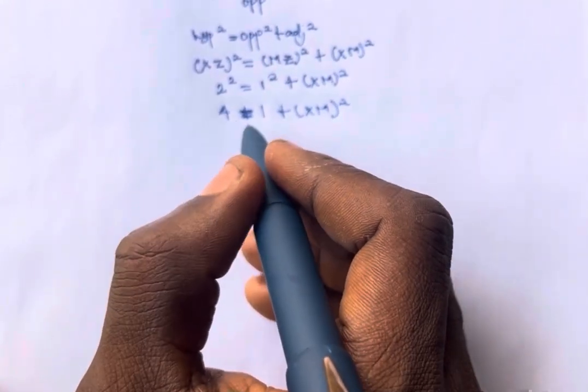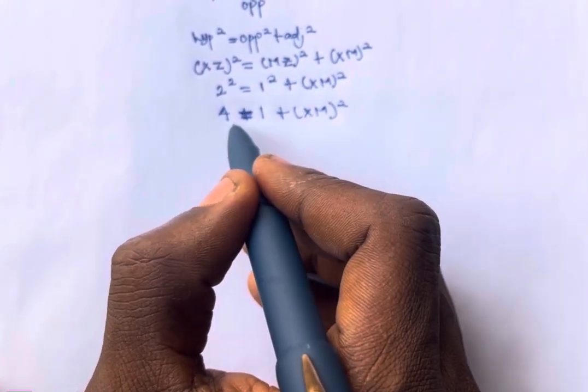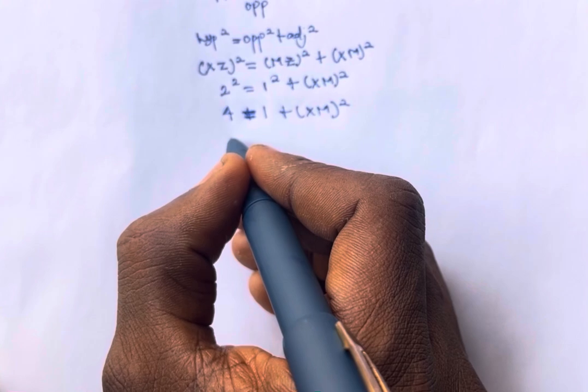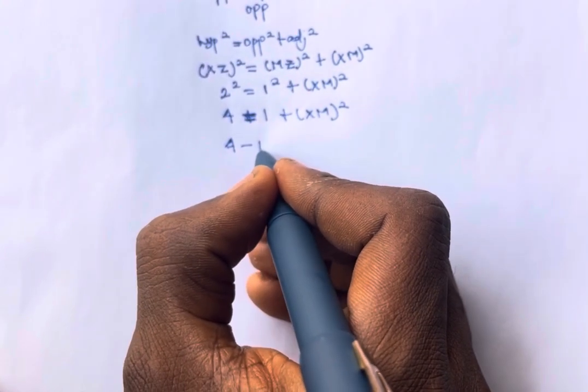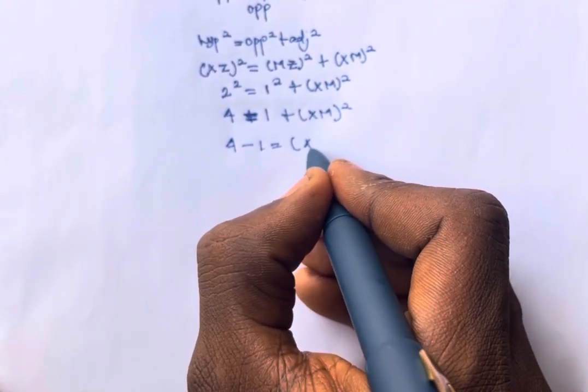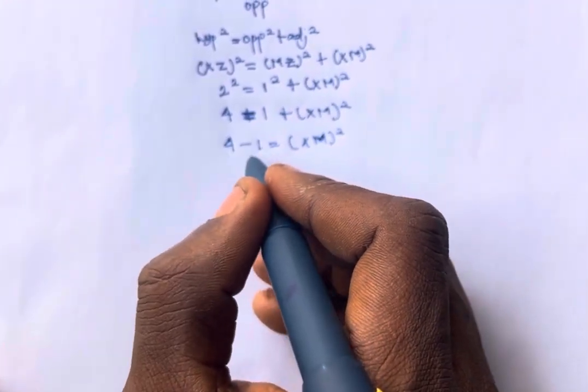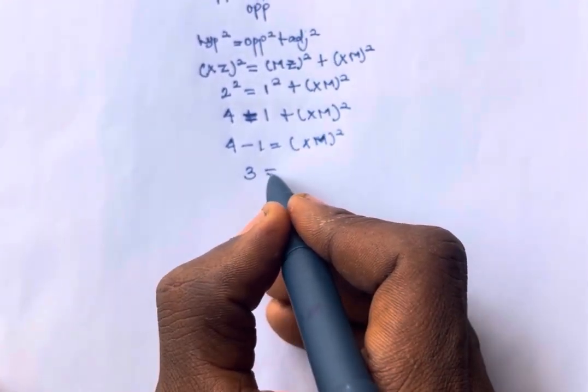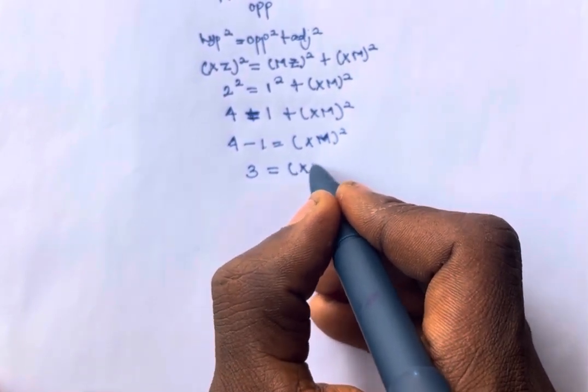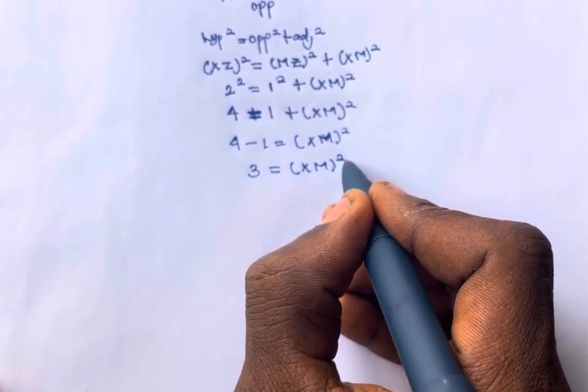So by collecting like terms, we have to transfer this plus 1 to the other side. And when we transfer it, it will be 4 minus 1 is equal to XM square. We have 4 minus 1, that's 3.